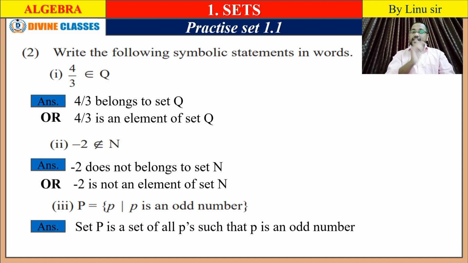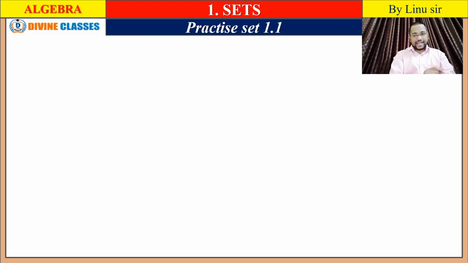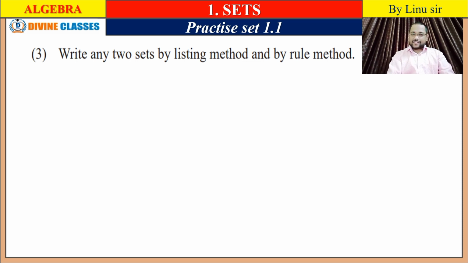So the first is the set name, that is capital P. Set P is the set of all p's, that means all the elements are given a single variable, that is p. Then that straight line is termed as such that. So set P is the set of all p's such that p is an odd number.